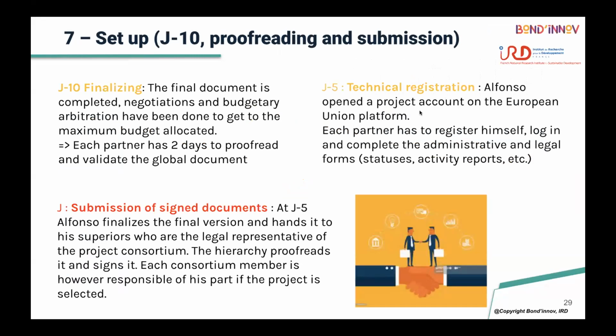Now we are at 10 days to the deadline for the submission of the proposal. At 10 days, the final document is completed. Negotiations and budgetary arbitration have been done to get the maximum budget allocated, because as I said, the maximum budget is 6 million, and each partner proposed a budget for the implementation of its activities.